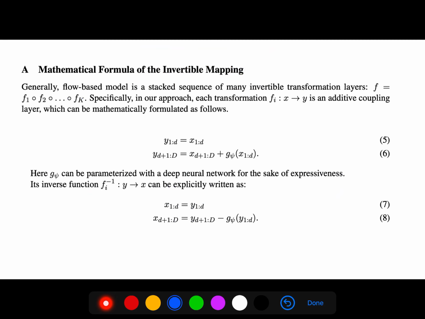So a flow-based model is a stacked sequence of many invertible transformation layers. Each transformation is an additive coupling layer, which can be mathematically formulated like this. But this term can be parameterized with a deep neural network for the sake of expressiveness.